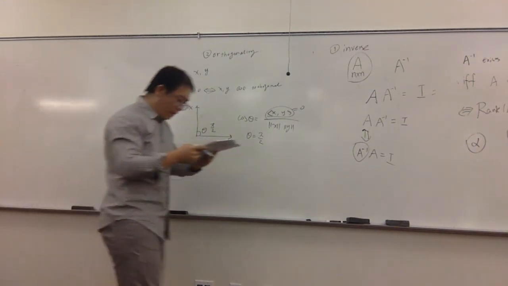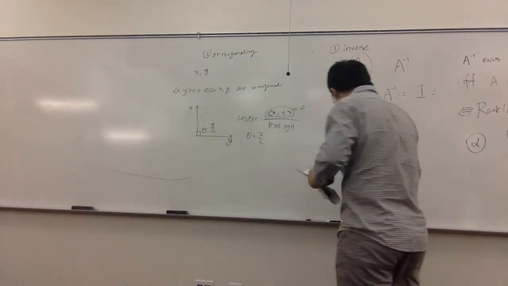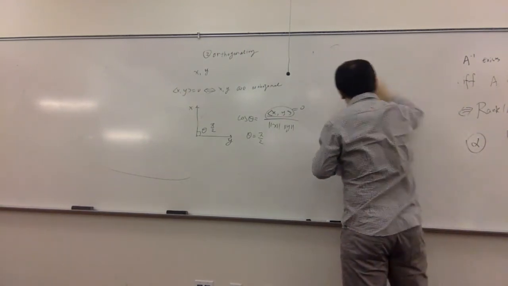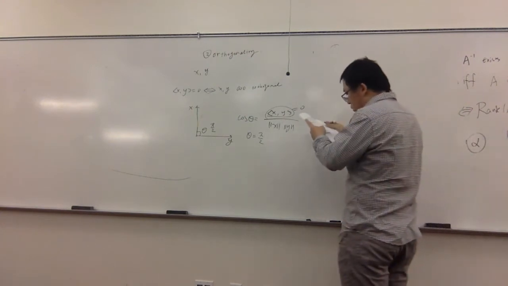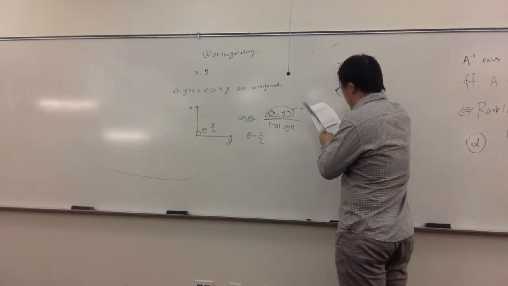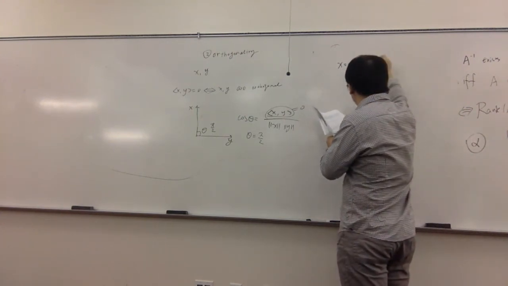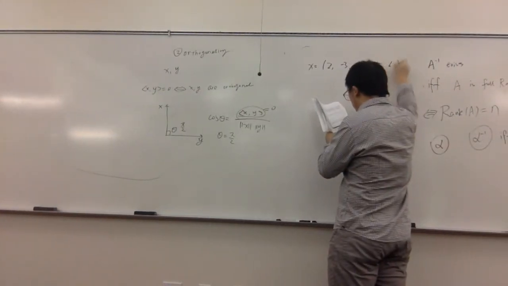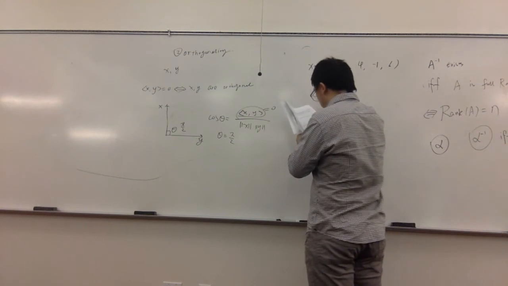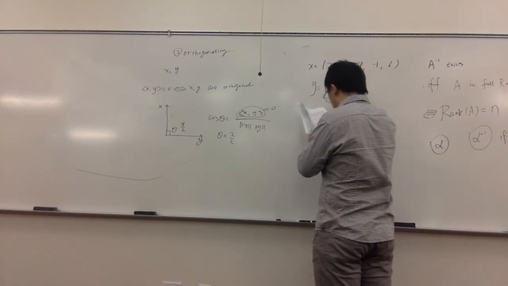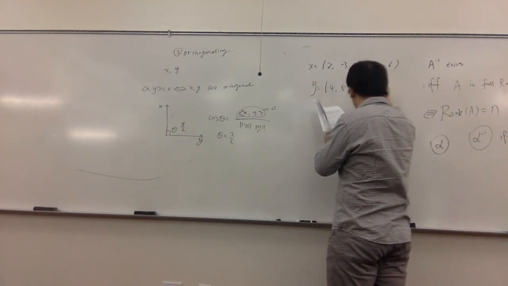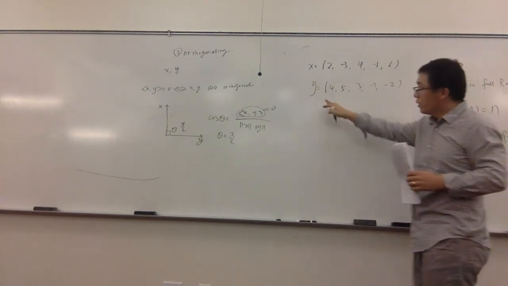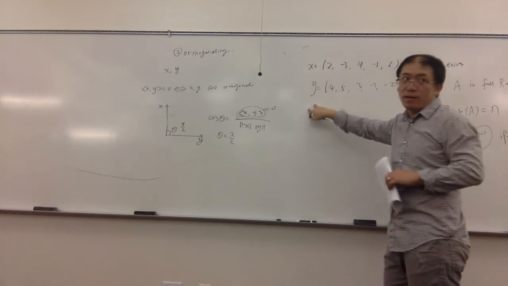So here is one trivial example. Suppose we have two vectors. x is 2, minus 3, 4, minus 1, 6, and y is 4, 5, 3, minus 7, minus 2. How can we conclude whether x and y are orthogonal?